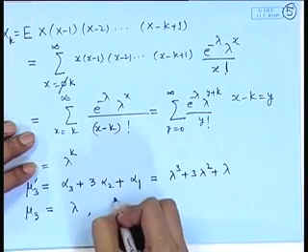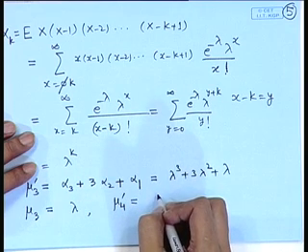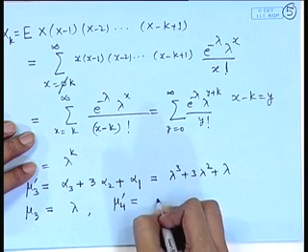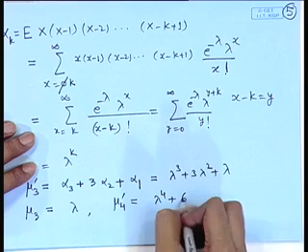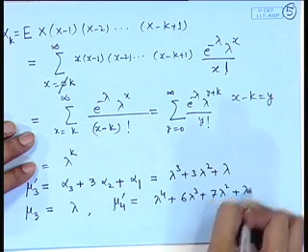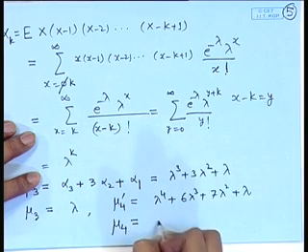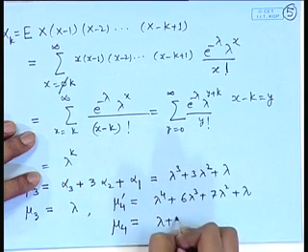In a similar way, we can look at mu 4 prime. Mu 4 prime is lambda to the power 4 plus 6 lambda cube plus 7 lambda square plus lambda, and using that mu 4, that is the fourth central moment, is calculated to be lambda plus 3 lambda square.